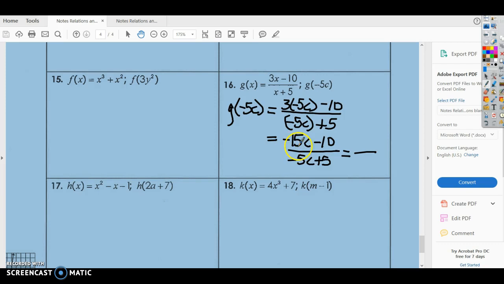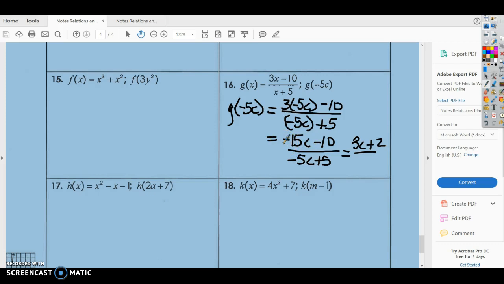5 goes into negative 15c, 3c, and 5 goes into negative 10 twice. Okay, so I'm actually factoring out a negative 5 to make these positive here.